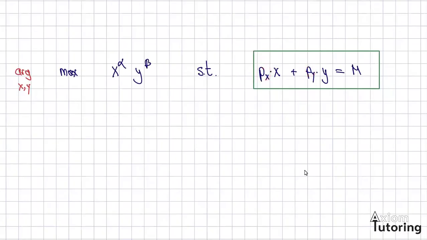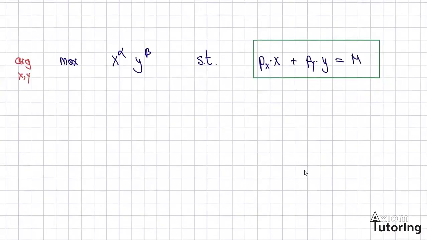What I'd like to convince you of in this video is the mechanics of this. I would like my students to be able to immediately see that the solution to Cobb-Douglas is that x star, this argument that you're looking for, is alpha over alpha plus beta of the money spent on x, that is, m over px.